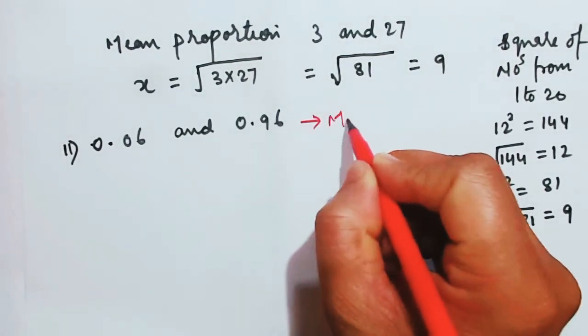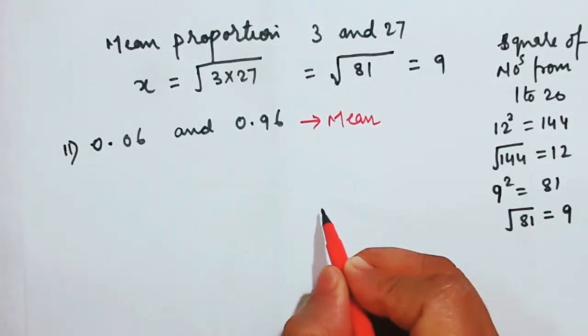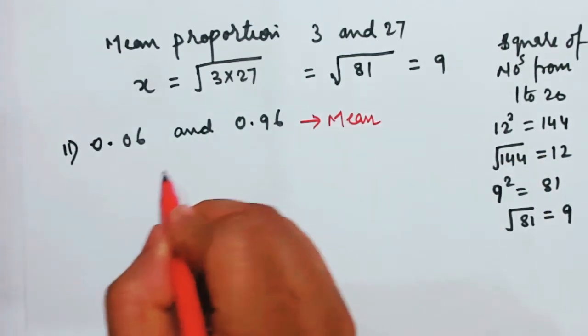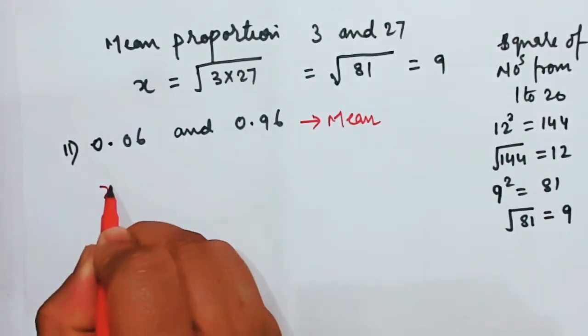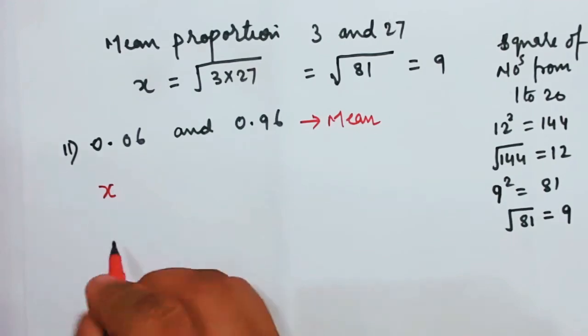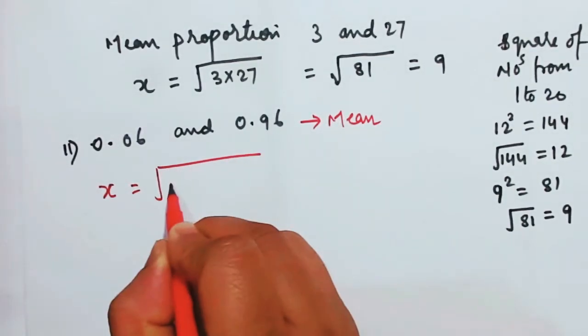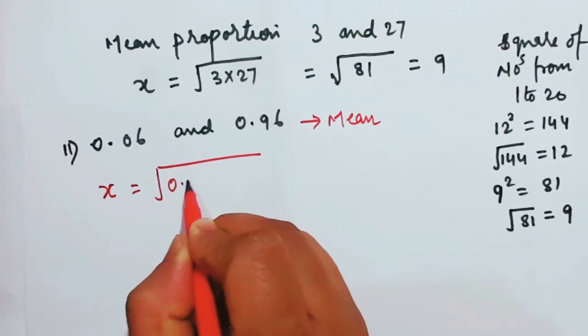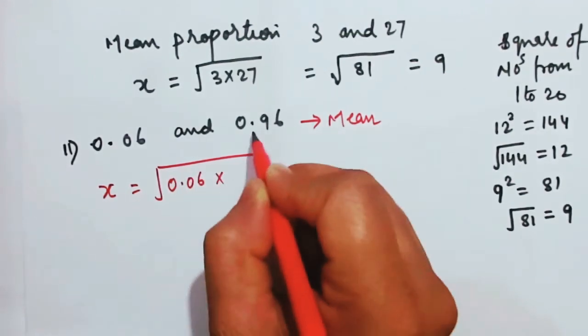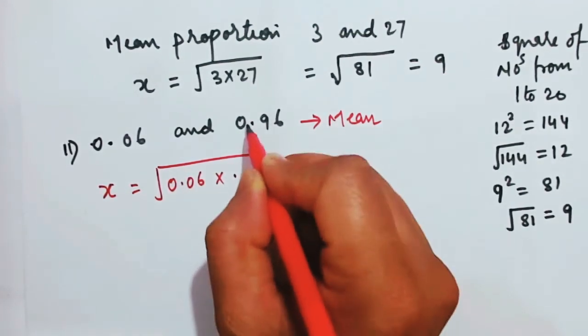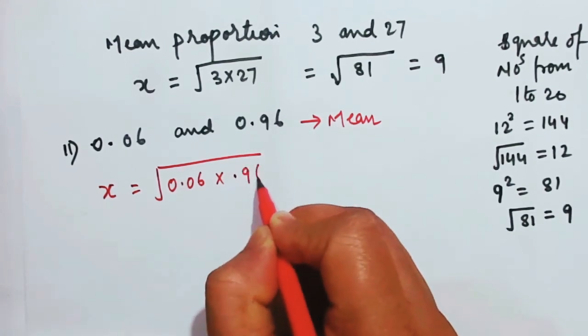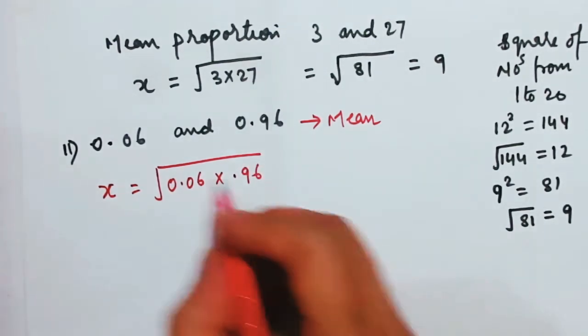In order to find the mean, what shall you do? We shall go directly, if we adopt this particular method, x is equal to square root of 0.06 into 0.96.